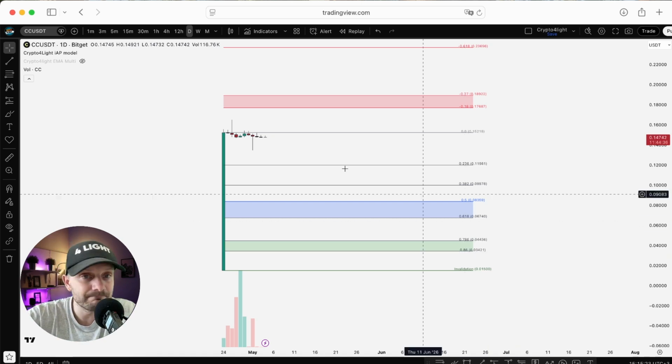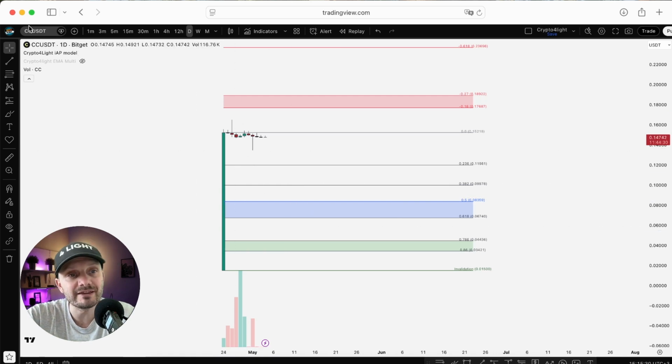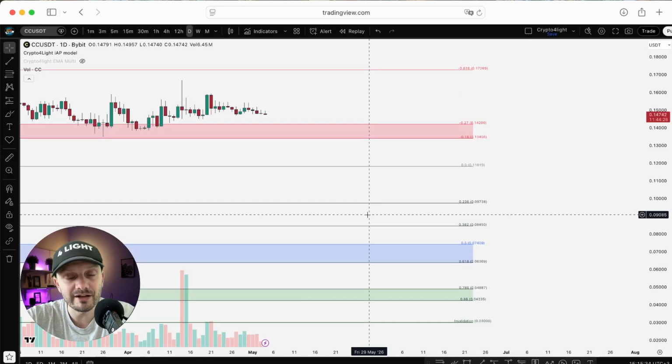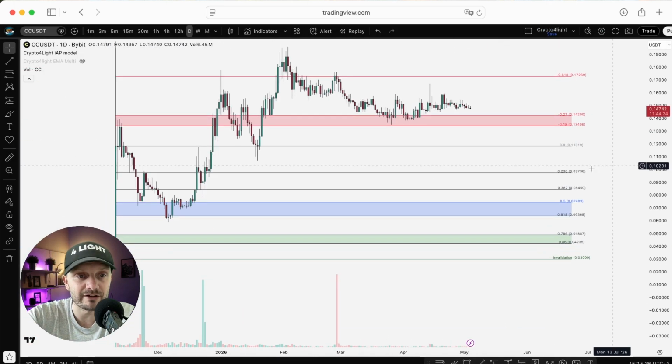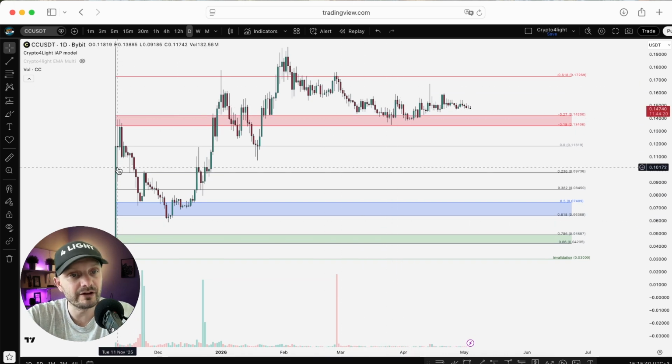Of course, it's better to use the lowest listing prices, but we can't use BitGet now because we can't erase the history, right? So this is the correct chart, because on BitGet it was listed just recently, and on Bybit and many other exchanges, it was listed even last year.